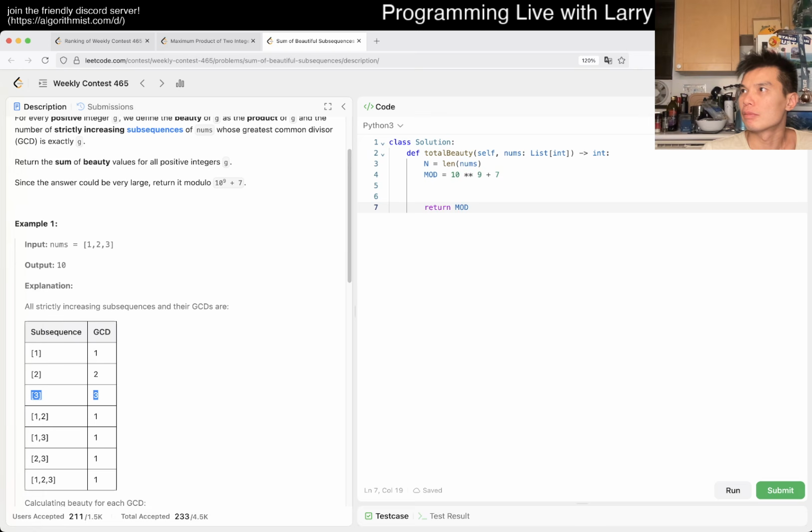So then for each one, what does that mean? The biggest GCD for that number is going to be that number, and then for example there's also 1, right? So there's one sequence of 1, one sequence of 2.